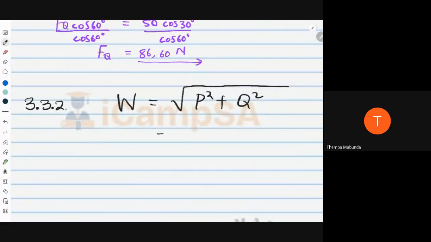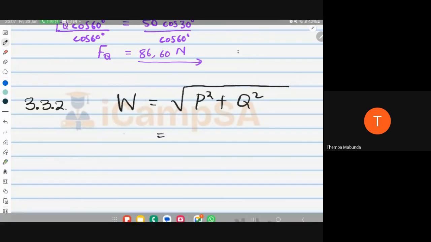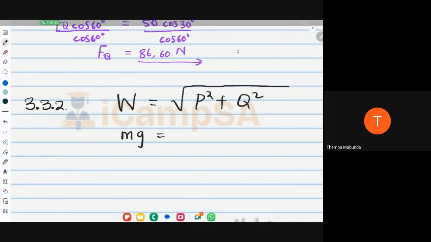So what we can do here, we know that this is weight, right? And remember that weight is simply mass times gravity or gravitational acceleration. So we can bring that here, mg. And then we can come back there and have, what's my answer?